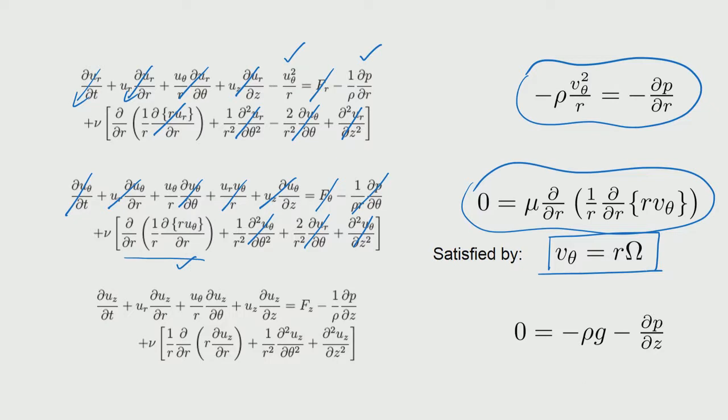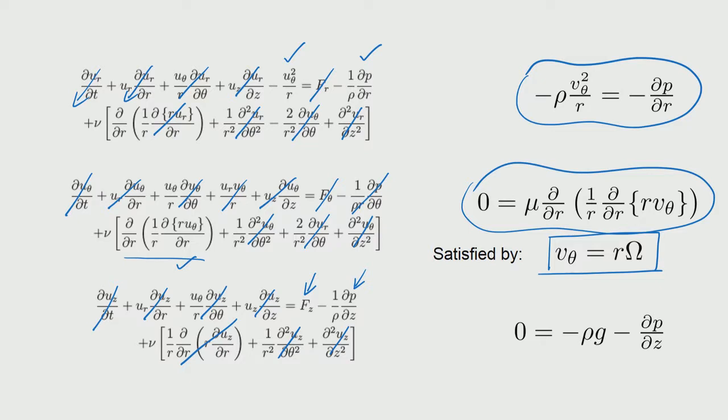In the case of the z direction also, the velocities are actually not there, and so those terms go away, and you see that this must be the body force, which is basically the gravity term, and this must be the pressure variation because of the z direction having different heights of the liquid as you go along the r.